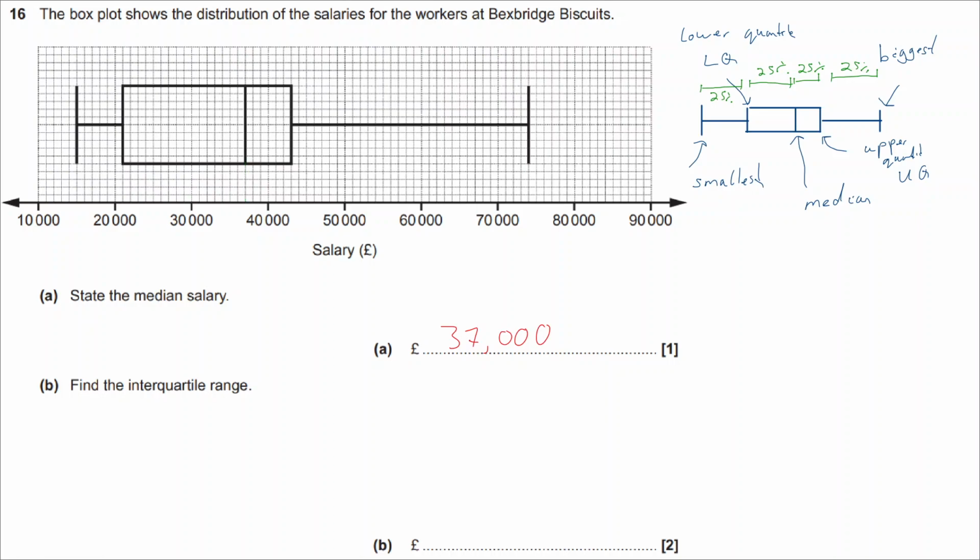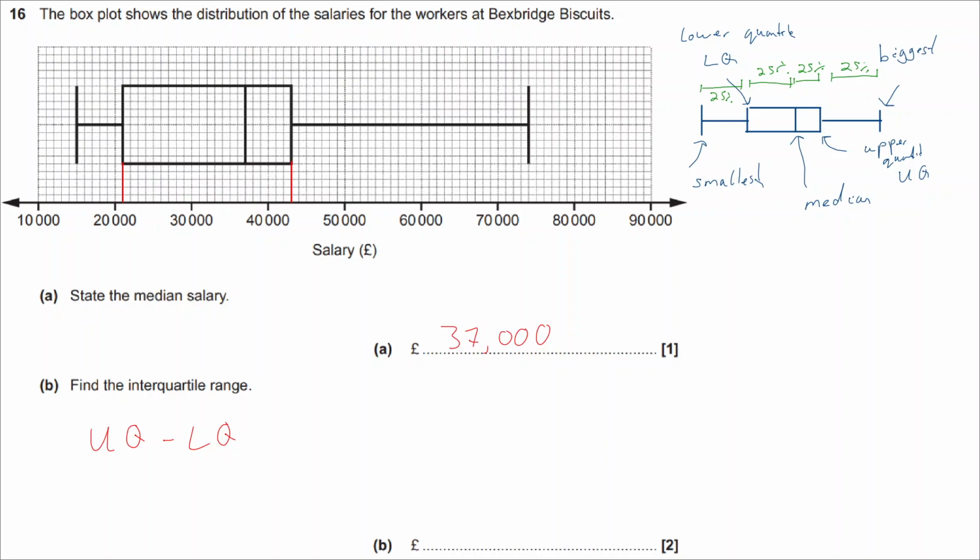The interquartile range is the upper quartile take away the lower quartile. So you want to get your upper quartile and your lower quartile value.